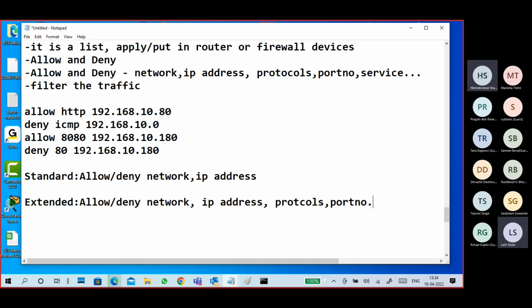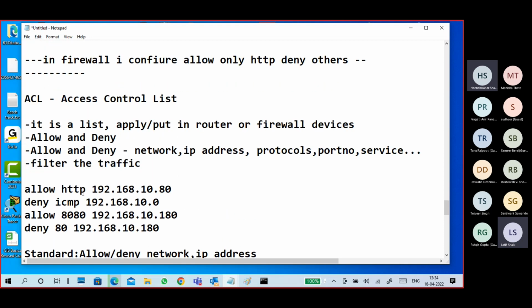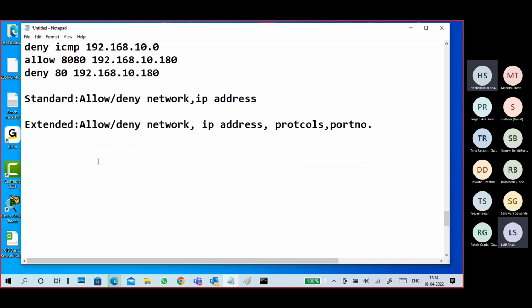Standard allows a network or IP address. So simply, if you don't get what is standard and extended, you didn't see really. But the point is, you can create a list. In that list, you allow this network, don't allow this network, allow this IP address, don't allow IP addresses. So this is what we are able to implement.